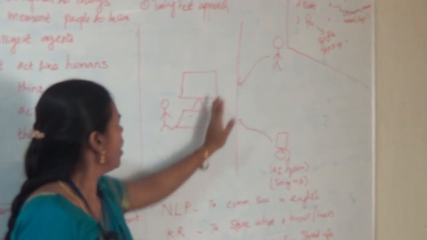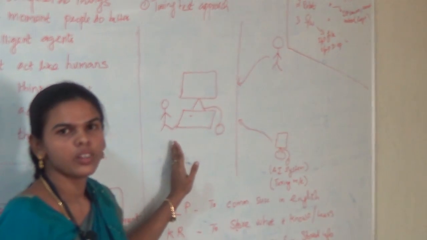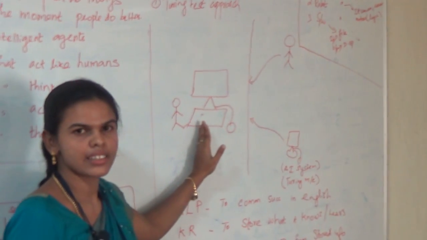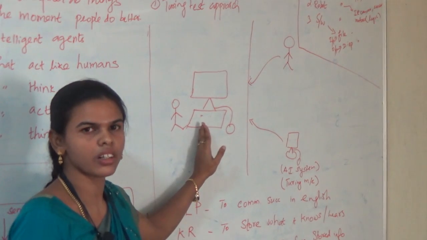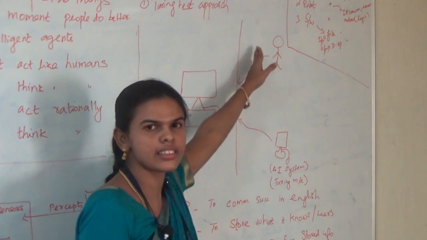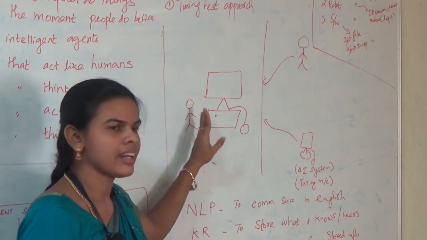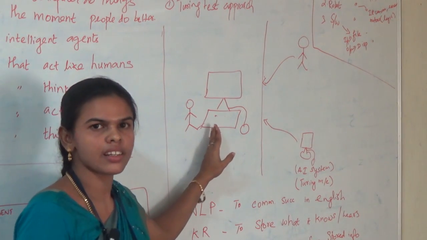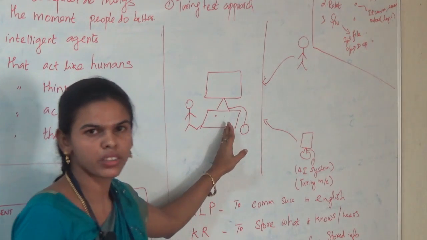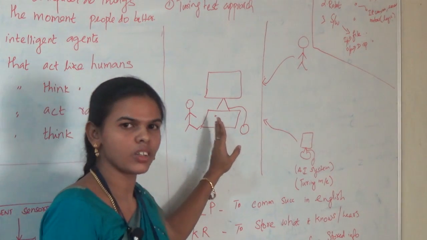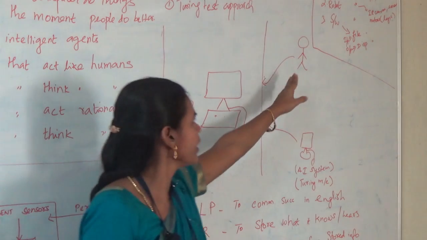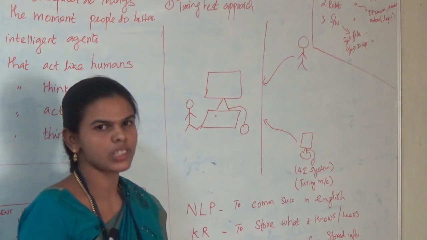On one side of the screen, we take the human being as an interrogator who is going to interrogate the other personalities A and B through a computer by asking questions. The questions are typed, not asked orally, and the answers are received through typed responses.